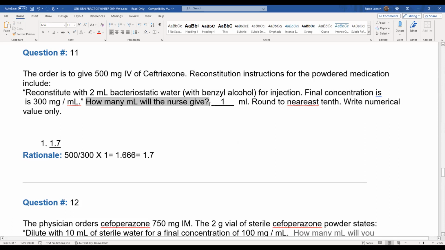And you only give what? Doses, right? When you're giving something, you're giving a dose. So whenever you're given a dose, it's desired over have. This is our desired dose, and our final concentration is what we have on hand.